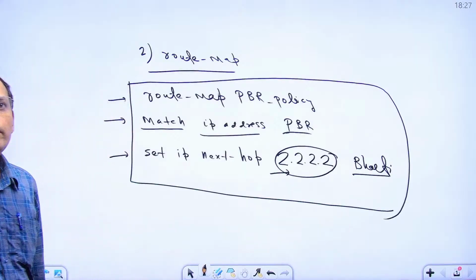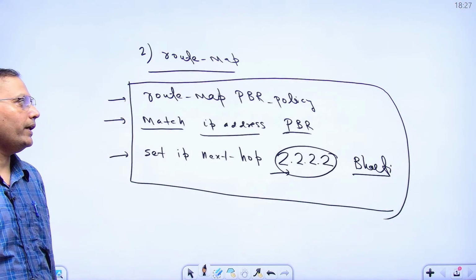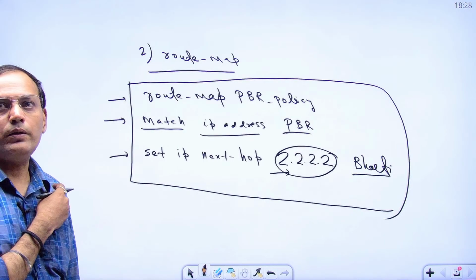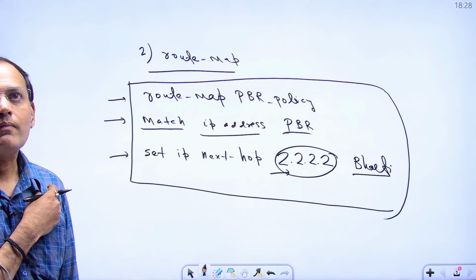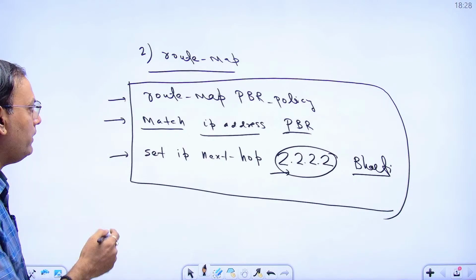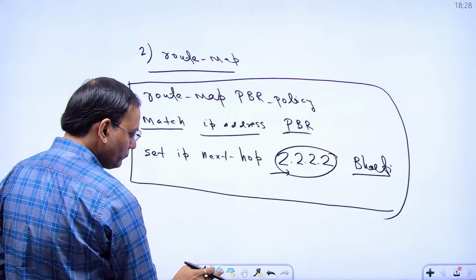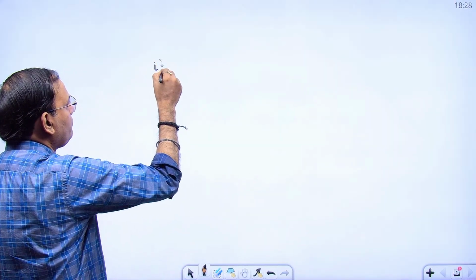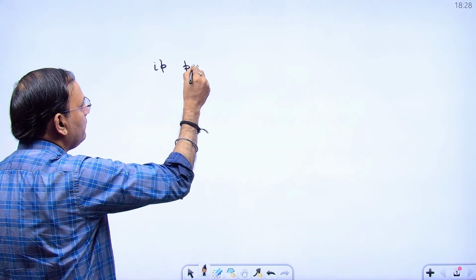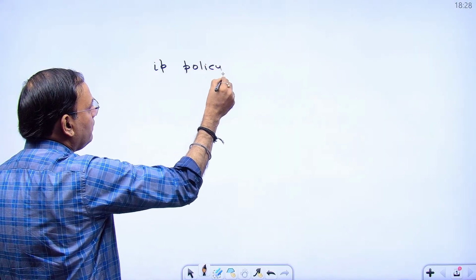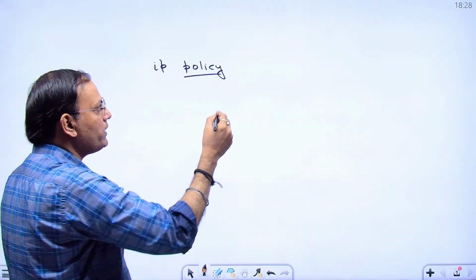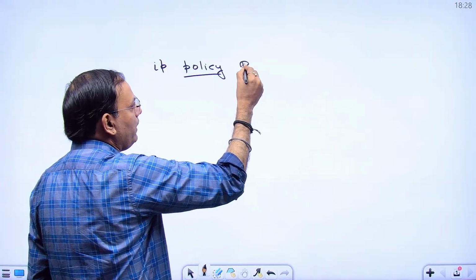So first of all, you need to configure your ACL, that is access list. The second thing which you need to configure is your route map, and the third is IP policy. The name of your policy was PBR.